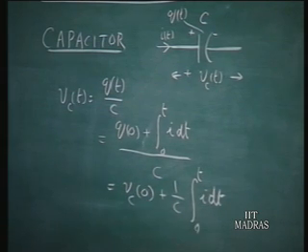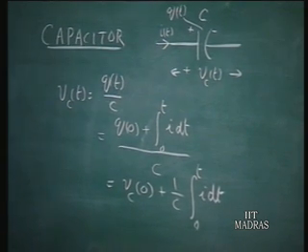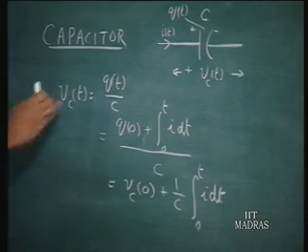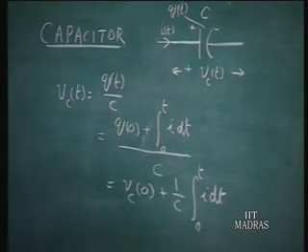Now, when we are analyzing a circuit in which a capacitor is situated, we should like to look at the relation between the currents and voltages in the transform domain. Therefore, we would like to express these quantities not in terms of time expressions but in terms of Laplace transformed variables.